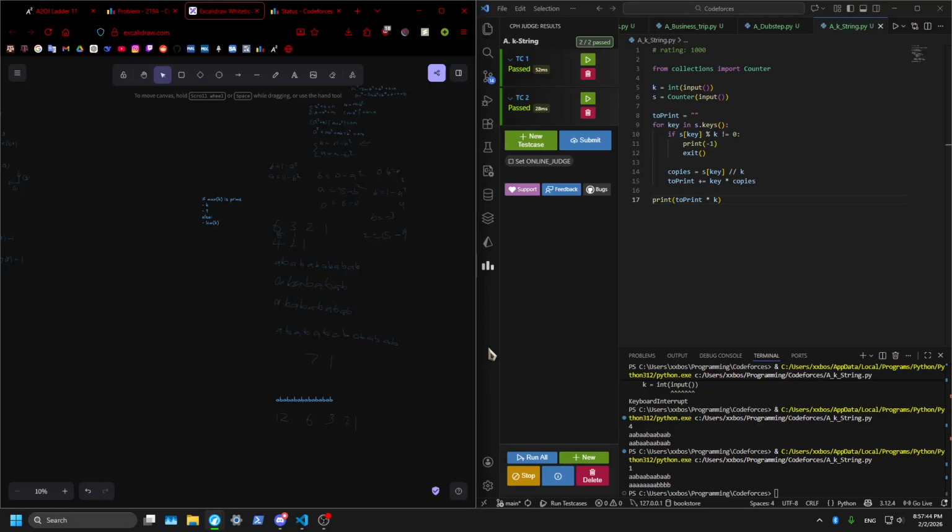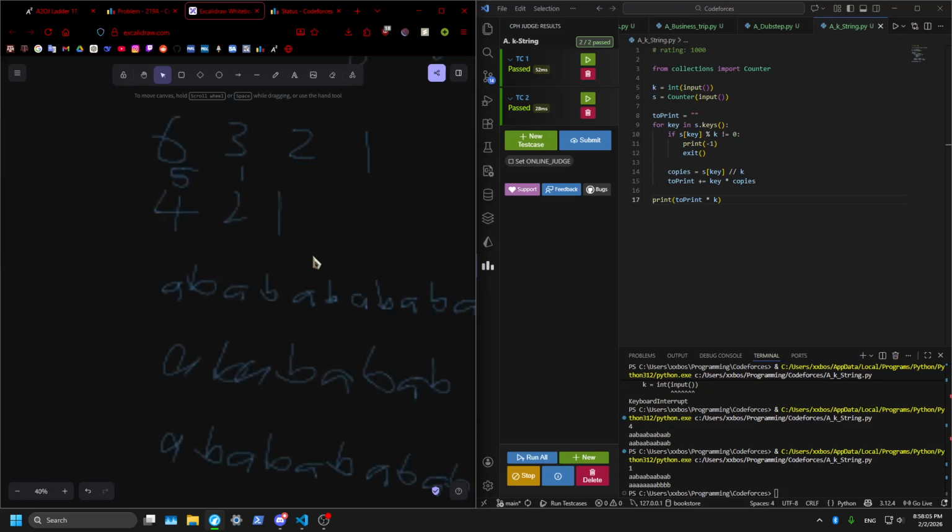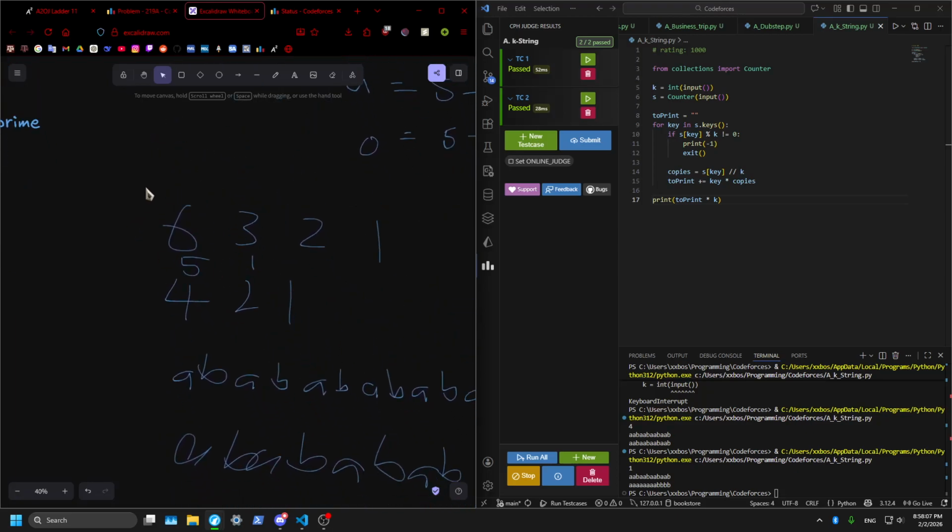It's max, and then all the multiples of the number. But then I realized I don't care, because if our max k is 6 and our k is 3, we don't really care about the 6.